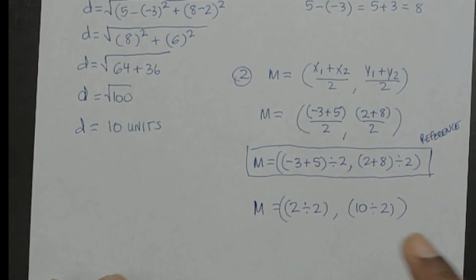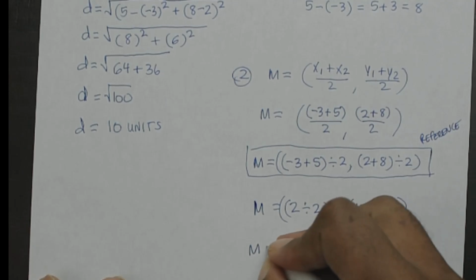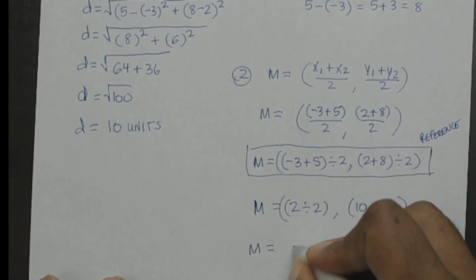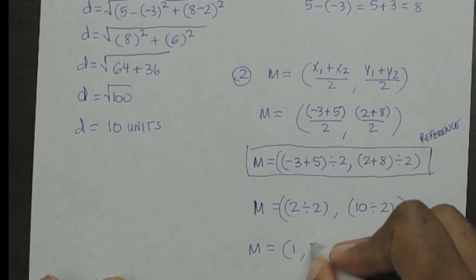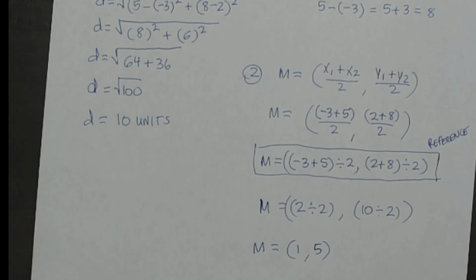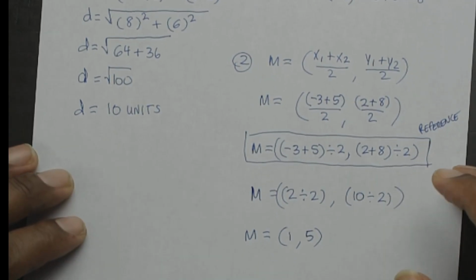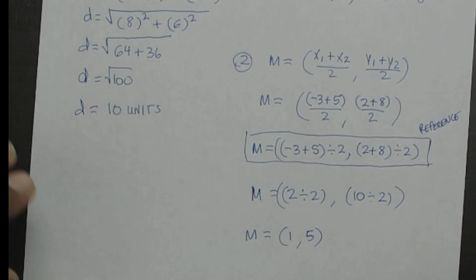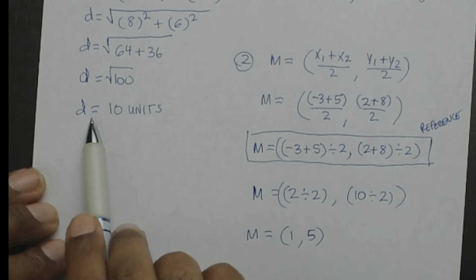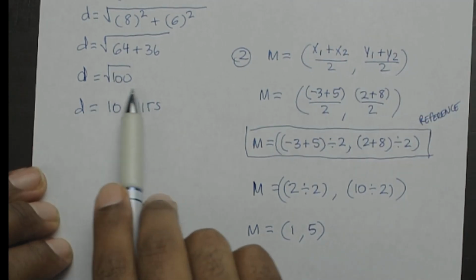So now we can simplify that even further. 2 divided by 2 is going to give me 1. And 10 divided by 2 is going to give me 5. So the midpoint location for those particular points is 1, 5.